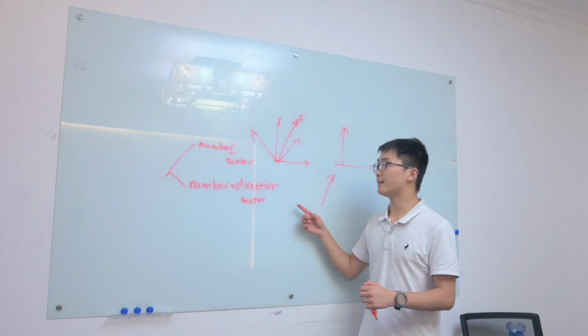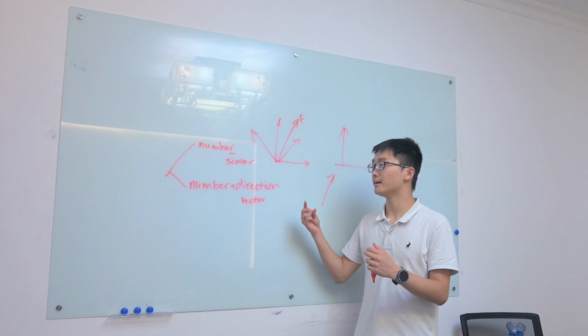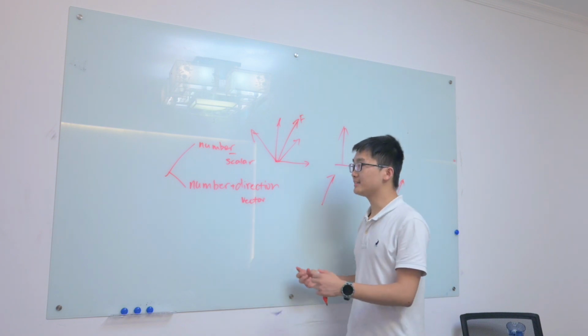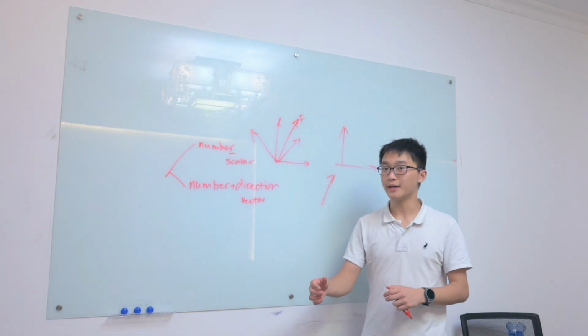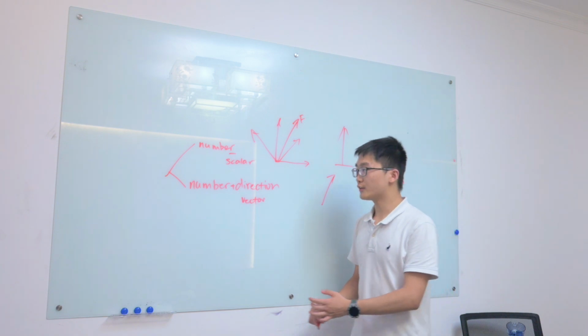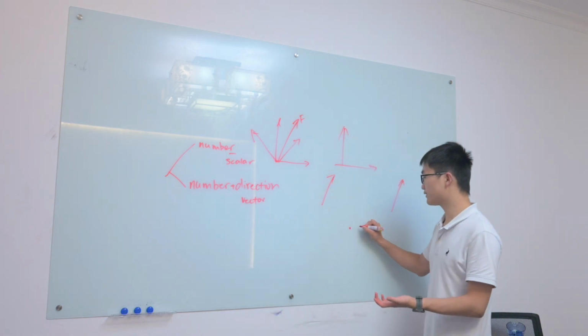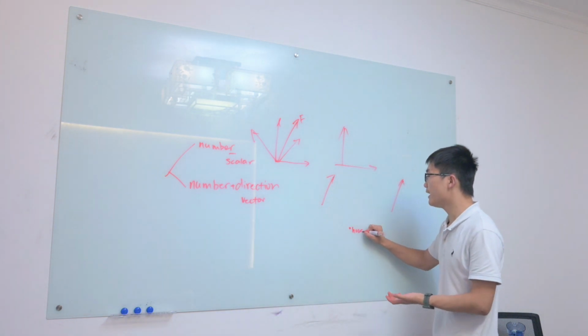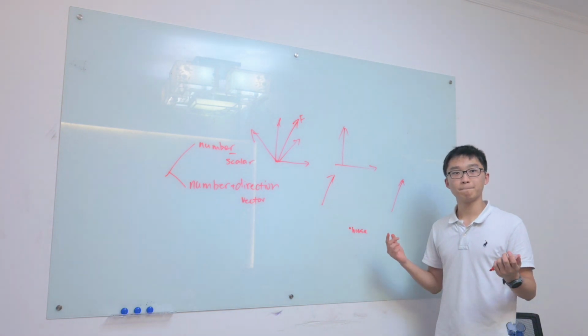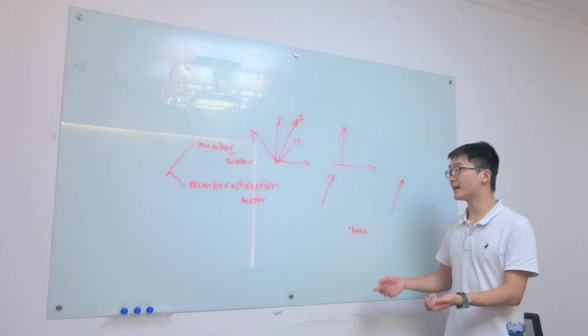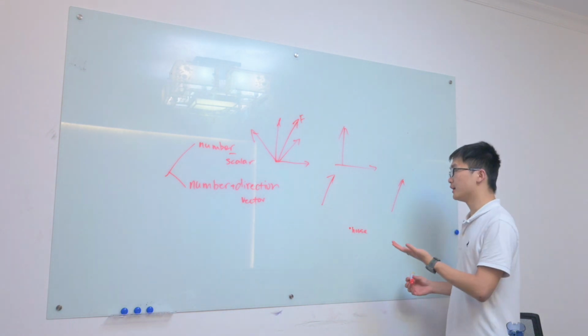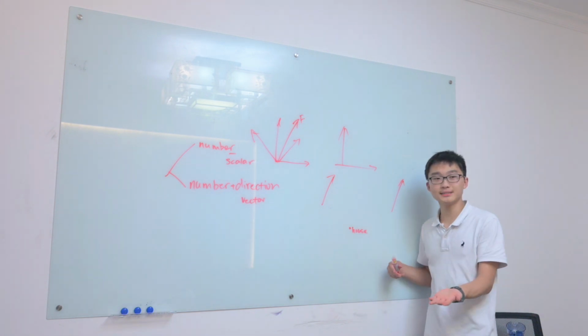But if we say velocity or displacement, it has a number to measure its magnitude, and it also has a direction. For example, I am here, and my house is over here, and you say that there is a restaurant that is 10 kilometers away from our house. So where is the restaurant?